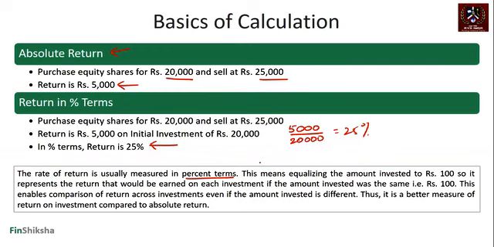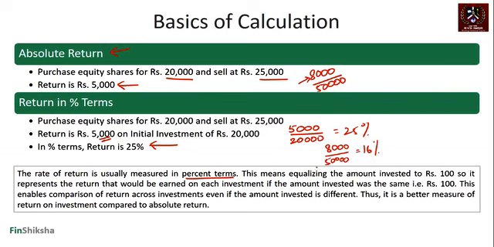This means equalizing the amount, you should represent how much return you would earn if the amount was invested across categories, right? So 5,000 on 20,000 may be better than 8,000 in a fixed deposit on 50,000 investment, right? In absolute terms, 8,000 is better than this 5,000. But in relative terms, 8,000 over 50,000 is going to be 16% return, right?